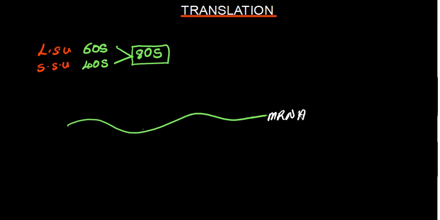Then what about the prokaryotic cell? The large subunit of the prokaryotic cell is 50S.